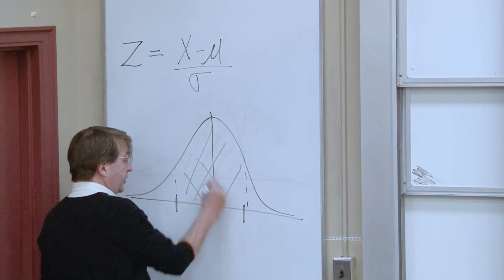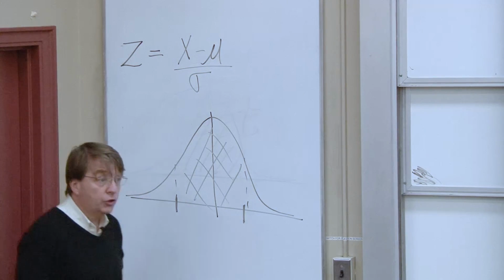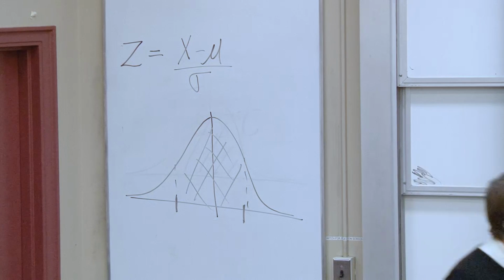I want this area. Okay? So what I have to do is the change of variables. Z equals x minus mu over sigma. X minus mu gives me 0 mean. Then divided by sigma, I get a sigma of 1. Then I can use the table.